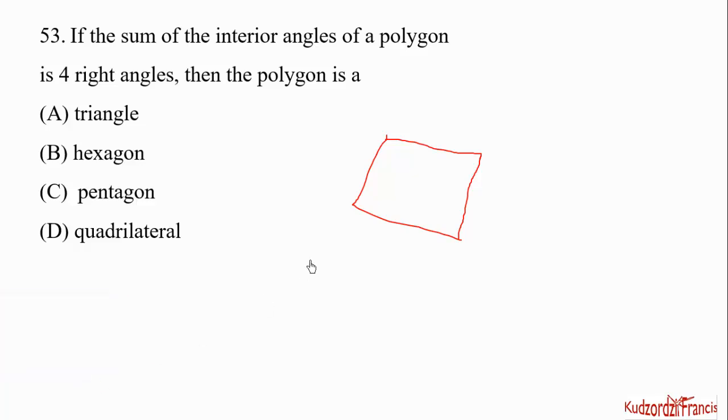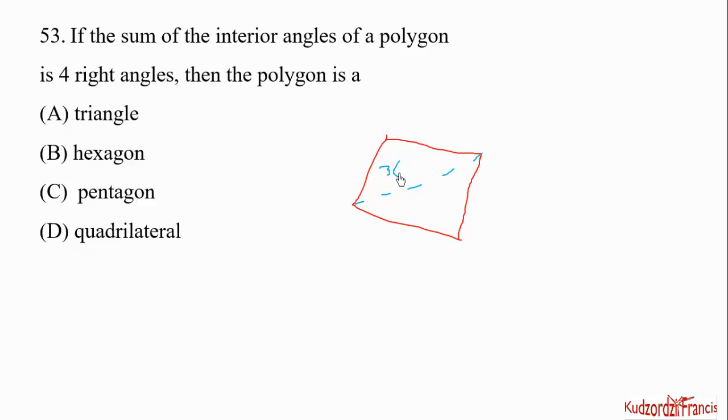We connect one of the vertices to the opposite vertex without any line intersecting. This is the only way we can divide it into triangles.